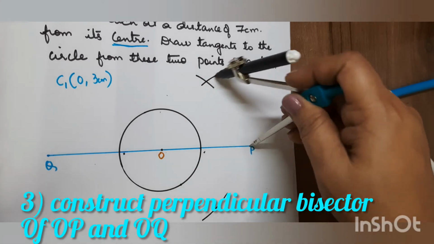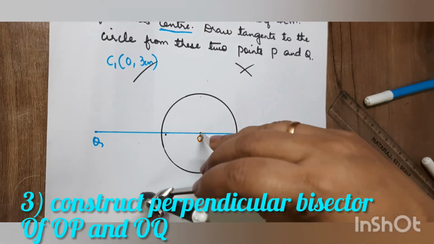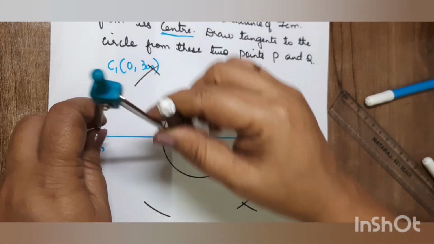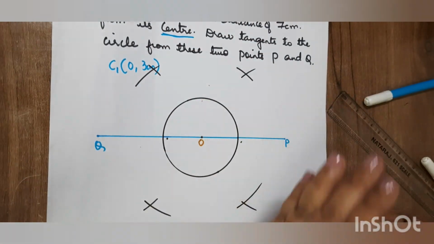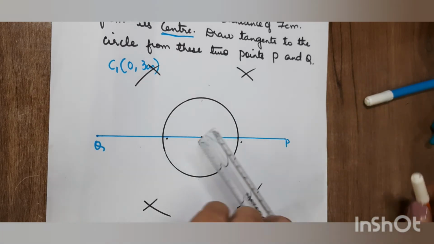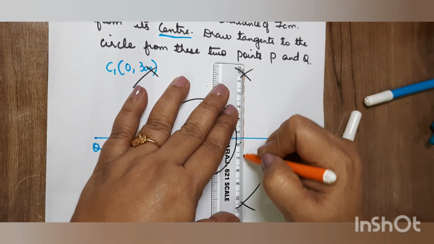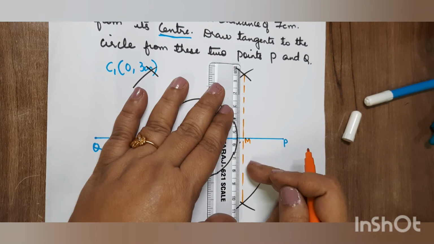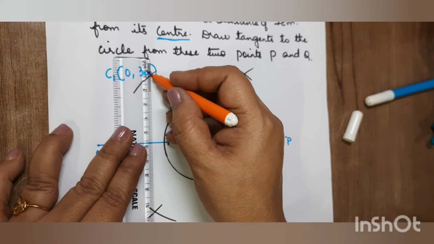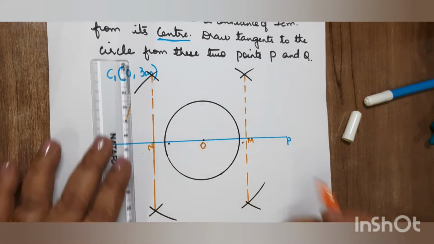From P go to O, then Q. You can first finish this part and then work out the other, no problem in that way also. Draw the perpendicular bisector here, join these two. Again we get M as the midpoint of OP. This side also the same thing. We'll take here as M.